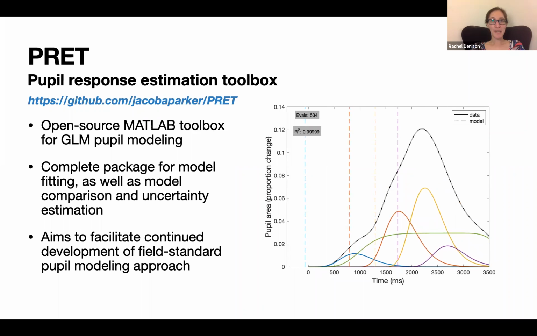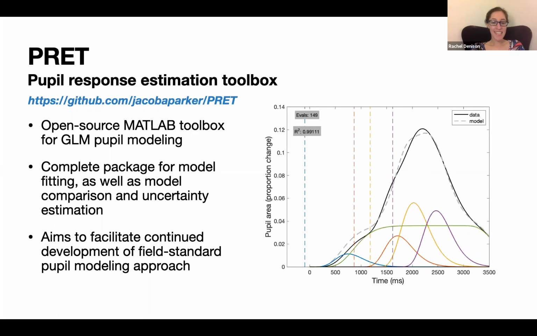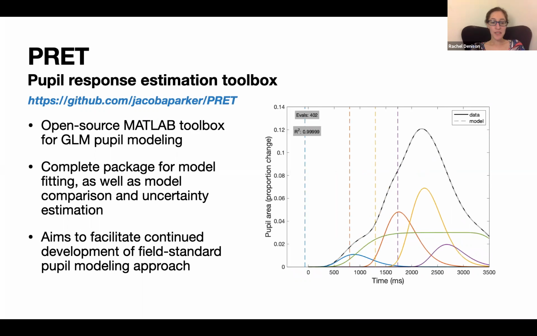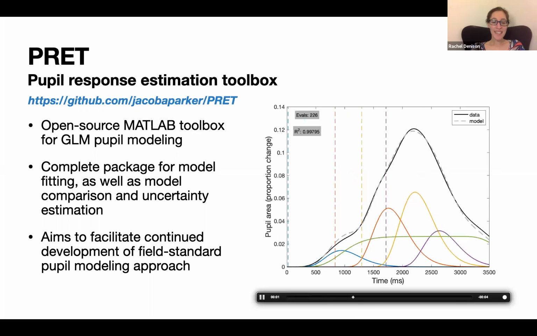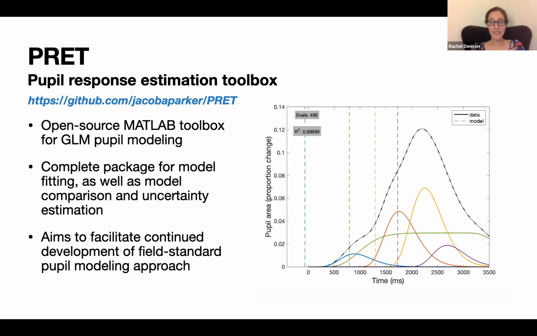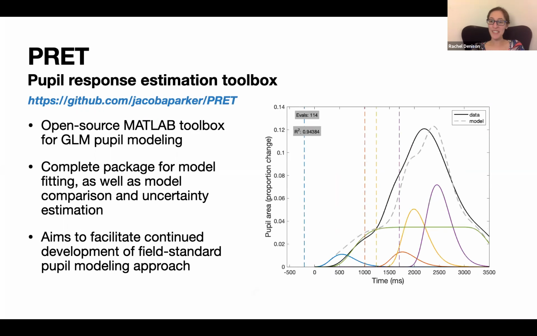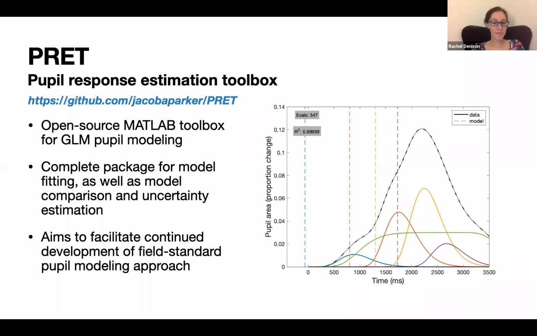Here's the GitHub address at the top of the slide. On the right here, you can see a movie of PRET model fitting in action, which is a visualization that is part of the toolbox.